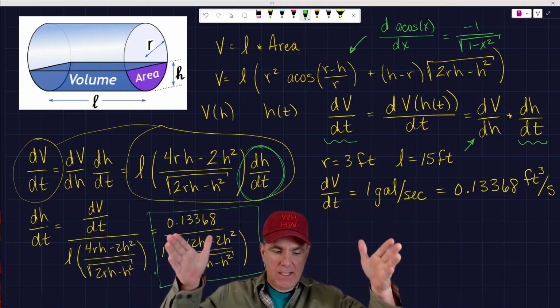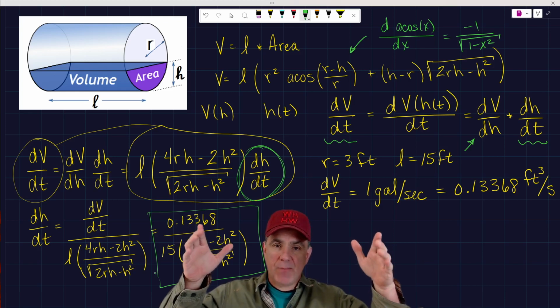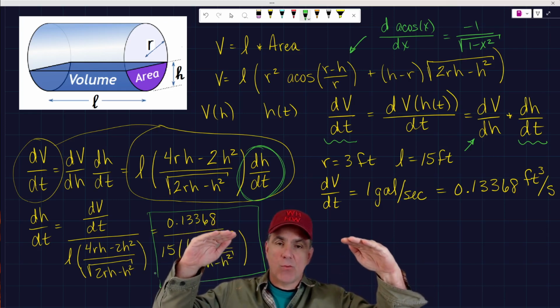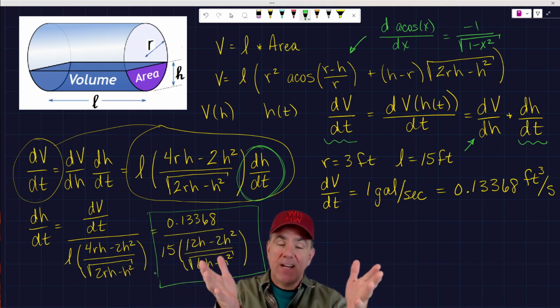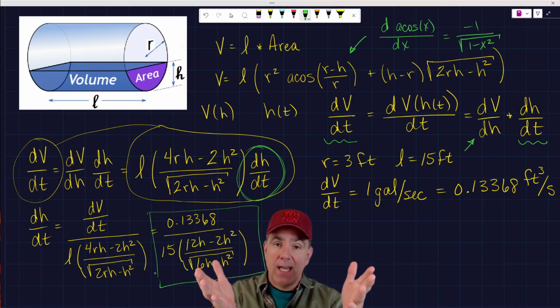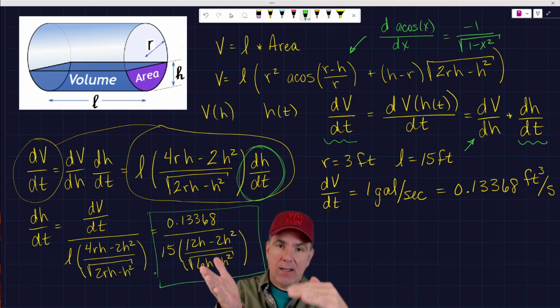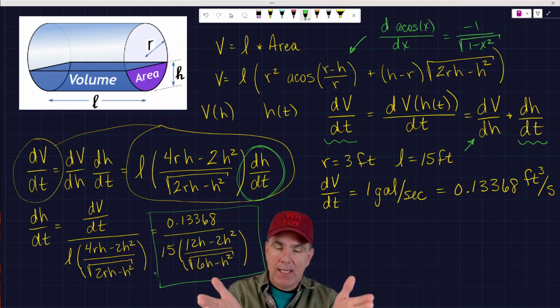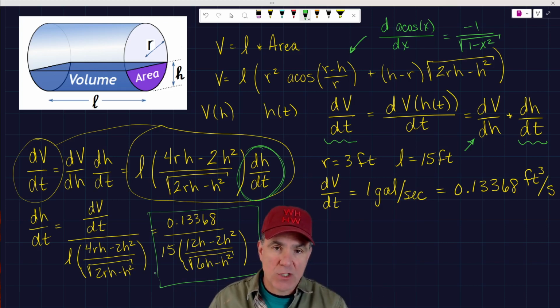We have this semicircular shape, and so initially, as the tank is draining, the height is going to be decreasing relatively slowly. And then as the sides come in for a fixed amount of volume, which is leaving 1 gallon per second, the height is going to be increasing in its rate of decay more quickly as we come in. Okay, so it makes sense, the situation we have here.